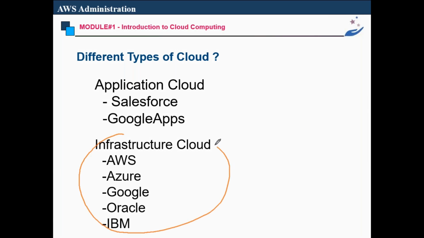These are all different vendors, but out of them, AWS is amazing. They have their own brand, and almost 60% of the whole world is running on top of AWS. Really, it's amazing. So those are the different types of cloud computing.